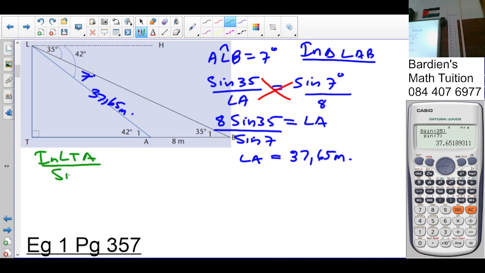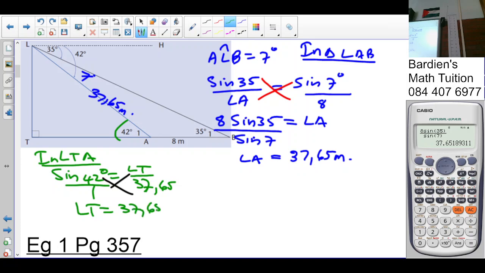You said sine of 42 equals LT over 37,65, not degrees, it's meters. So what do I do now? So LT is equal to 37,65 sine of 42 degrees.